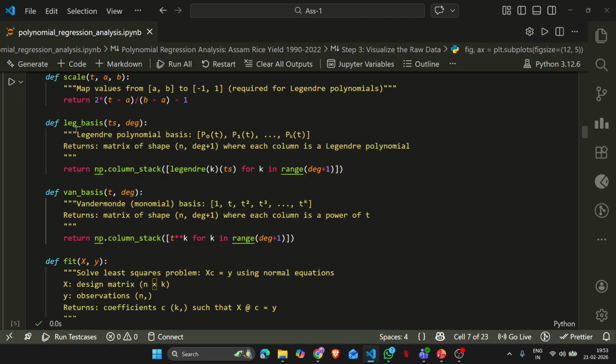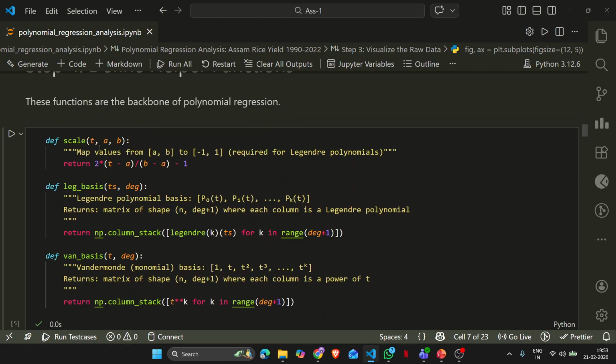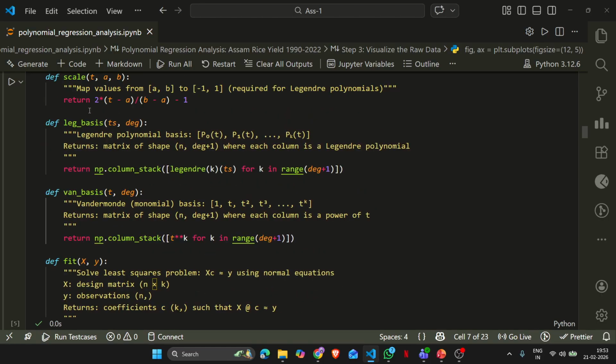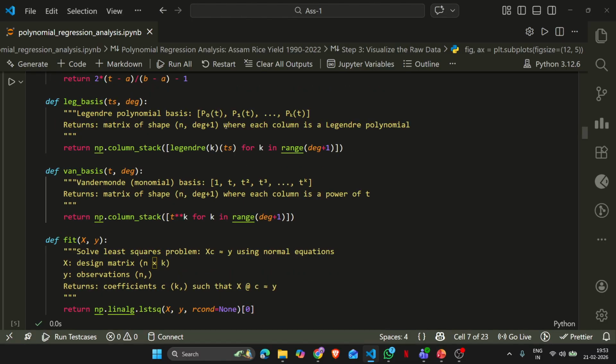So these are the helper functions. The first one is to scale, and this scale function would be used for Legendre's polynomial, because as we know, Legendre polynomials are only defined from -1 to 1, and this Legendre basis function will provide the value of the Legendre polynomial for the time series and for different degrees.